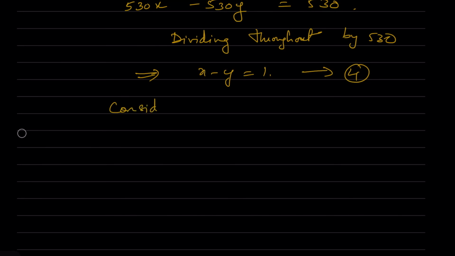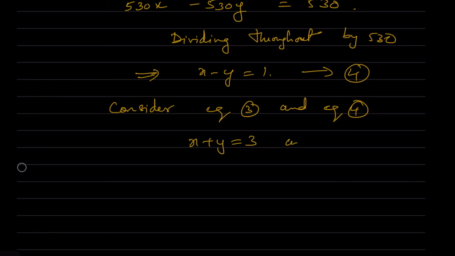Now solve these two equations, equation 3 and equation 4. If you add them, y will get cancelled. So you'll get 2x is equal to 4 or x is equal to 2.